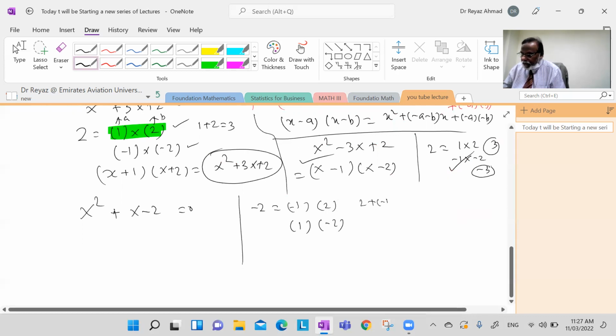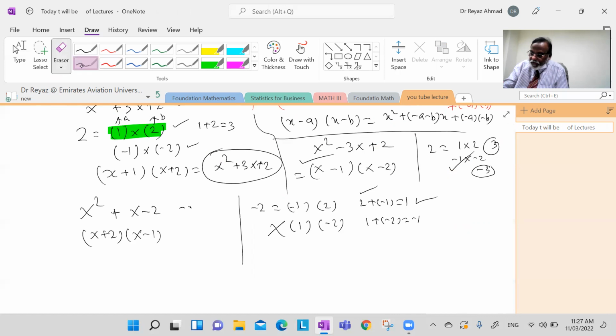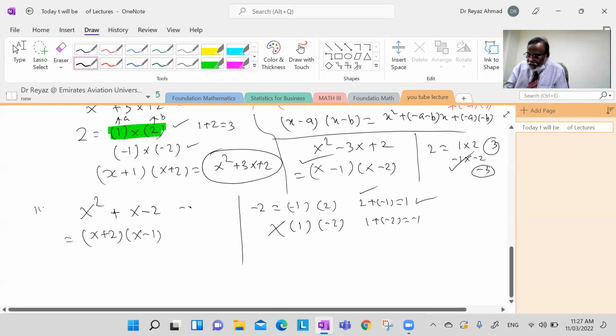So 2 plus minus 1 gives me plus 1, while 1 plus minus 2 gives me minus 1. So this one will be rejected and this will be accepted. So I have x plus 2 and x plus the number minus 1. So we have got the factorization of the third one as well.